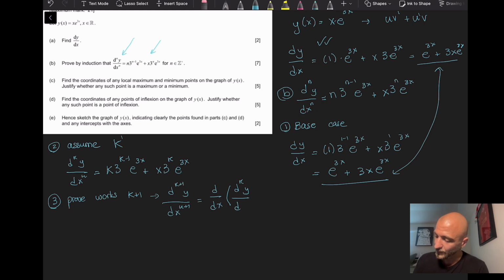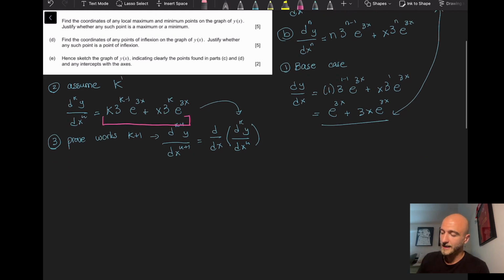We know that if we have d^k y/dx^k, we already have that derivative, which we are assuming is true, and if we take the derivative of that, it should give us the k plus 1th case. So that's exactly what we're going to do. We're going to take the derivative of, and I'm going to use a different color, this guy, the k case that we're assuming is already true.